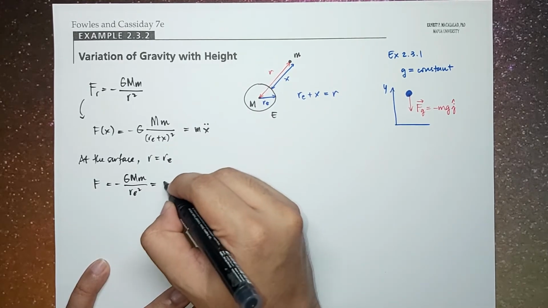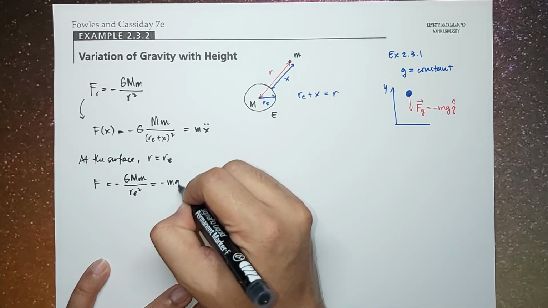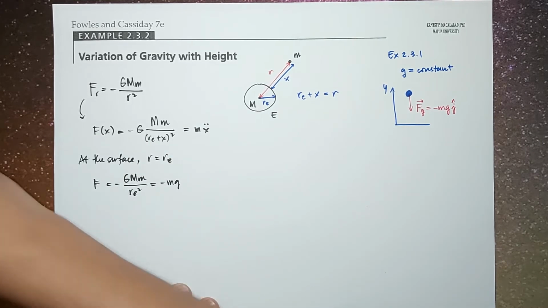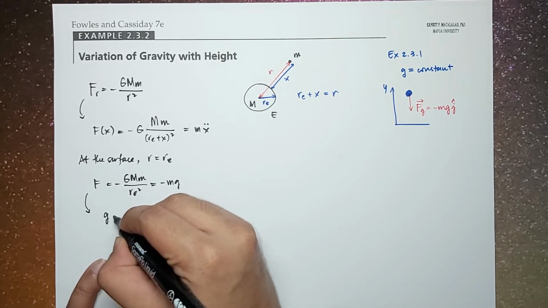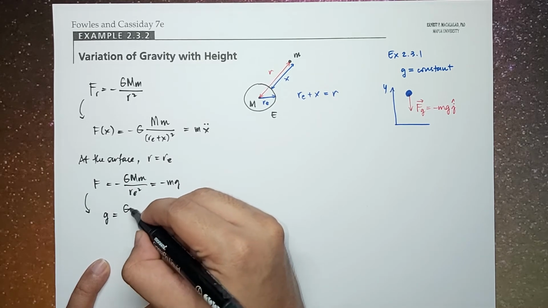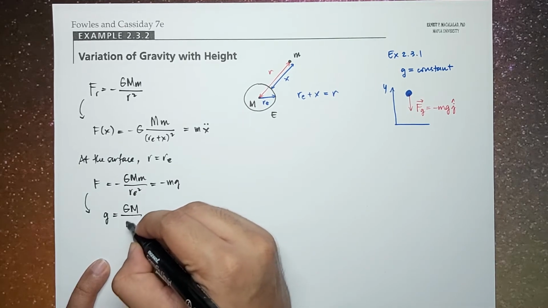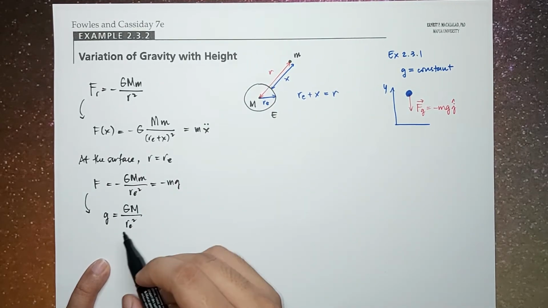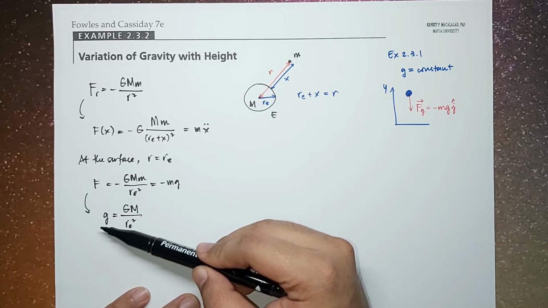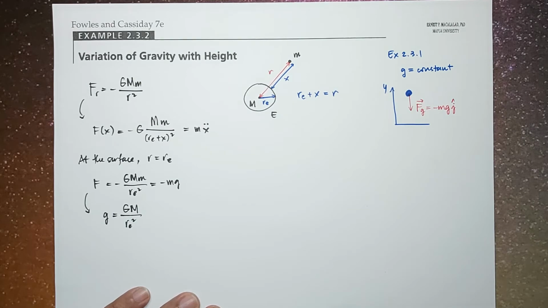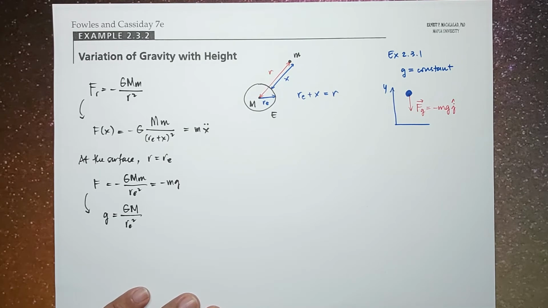And by definition, this is equal to negative mg. So therefore, this tells us that small g is equal to capital G times capital M divided by R_E squared. So this is one way to estimate the gravitational field of a planet, given the radius of the planet and the mass of the planet.